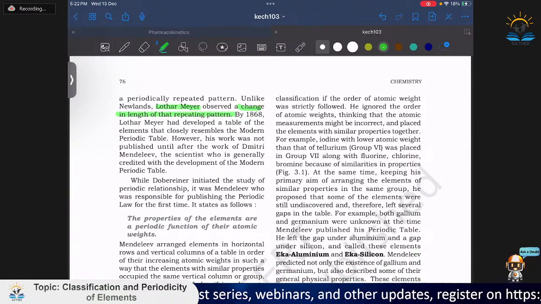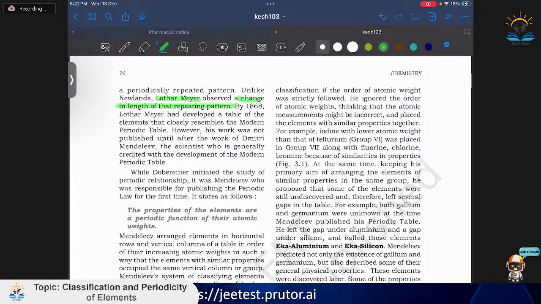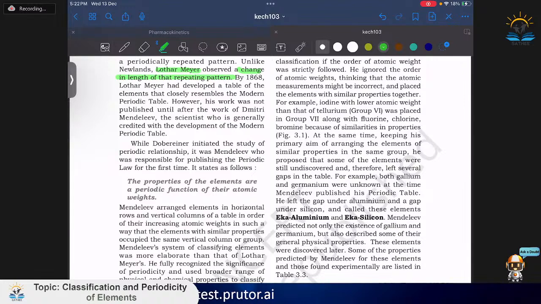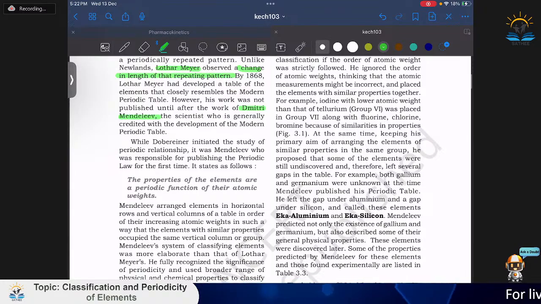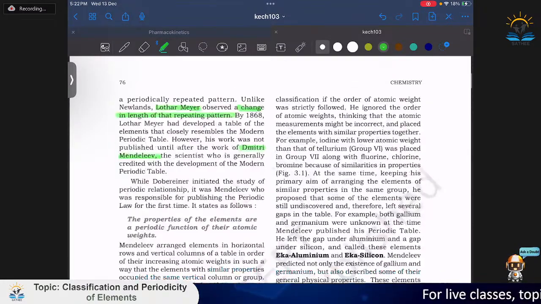So he said it's not an octave law, but the pattern is changing. He arranged elements on the basis of that changing pattern, and developed a table that closely resembles the modern periodic table. But the scientist credited for the creation of the modern periodic table is Dmitri Mendeleev. And today we are almost studying Mendeleev's periodic table.